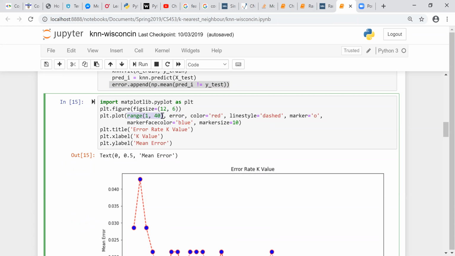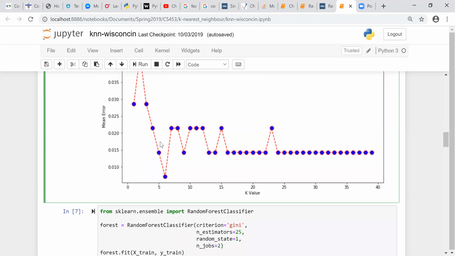What's the relationship between the error rate and the number of neighbors? We do this plotting, and the plotting result shows like this. We can see the neighbors increase from 1 all the way to 40, and here is the mean error rate.